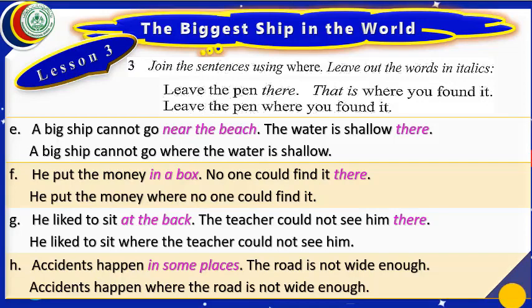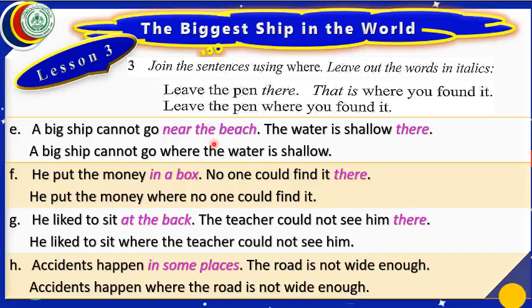Dear students, instructions were very clear, and in exercise 3 we did a little differently. We did not use the word whose, we used the word where, and we left some of the words. In exercise 2 we did not leave any word, but in exercise 3 we left some of the words which were given in italics.